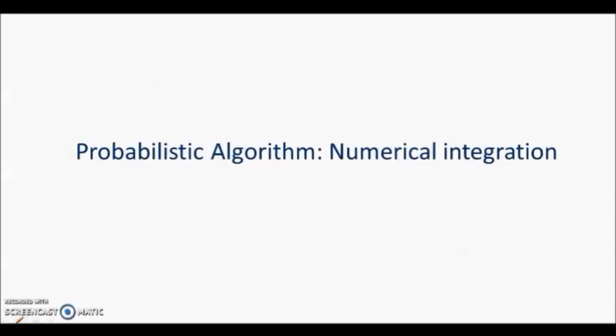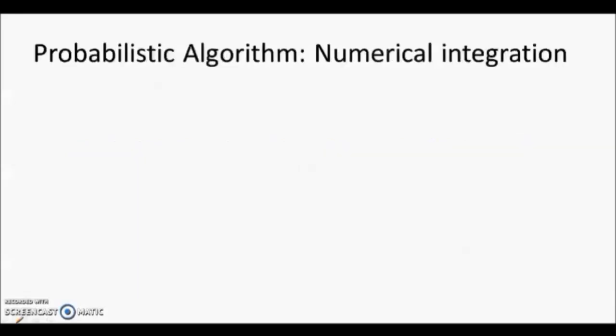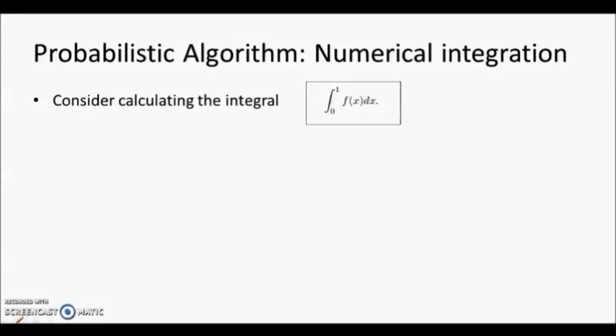Okay, now let's see probabilistic algorithms with the example of numerical integration. Probabilistic techniques can be used to solve numerical problems by giving approximations to the result. As we know, repeated runs give increased accuracy of the result.